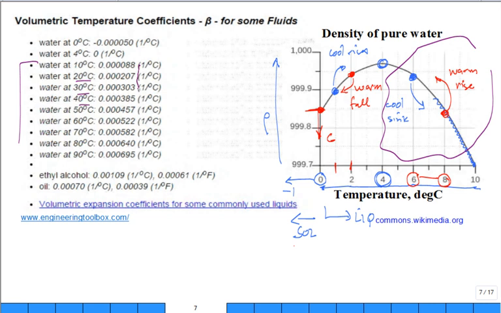What's happening to those values of beta? They're going up. But what about this one at 4 degrees C? Something's interesting. What's the value of beta for liquid water at 4 degrees C? 0. It's the slope. How does rho change with temperature holding pressure constant? 0. And what about this?